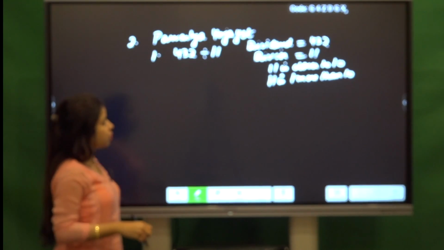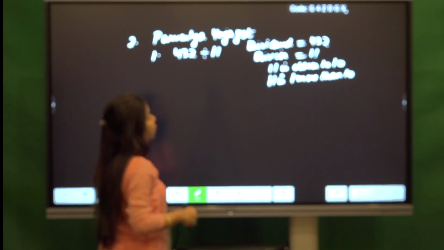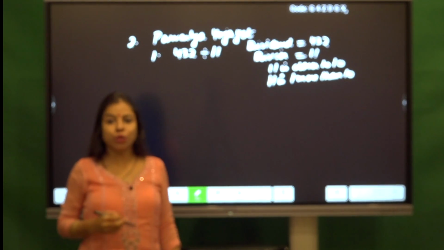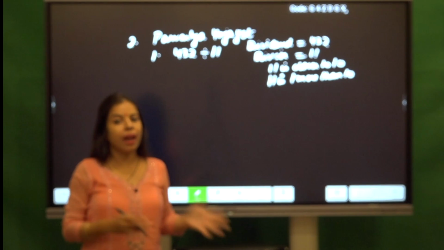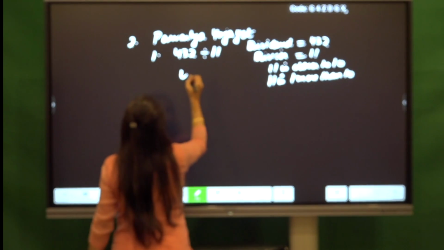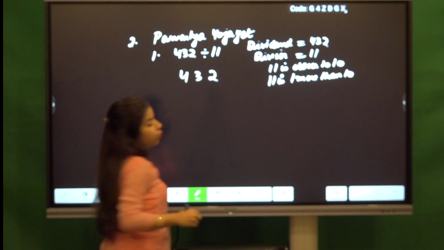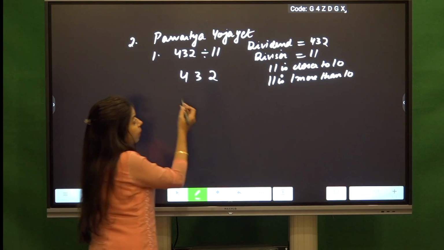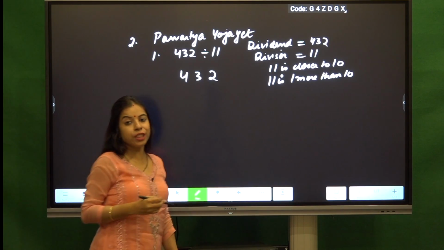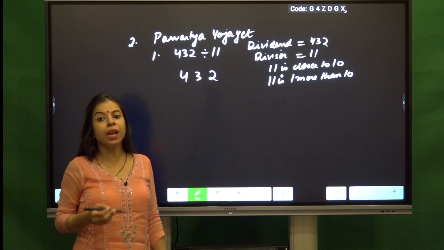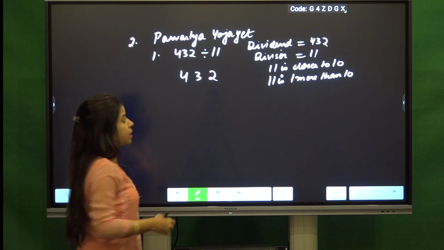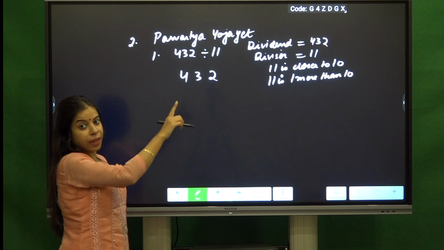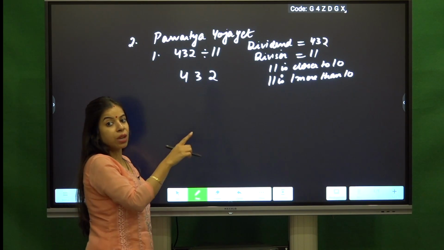Okay. So, how are we going to do this? We are going to split the dividend into two parts, the quotient part and the remainder part, and we are going to put a slash between the numbers. How? Just by looking that the number of digits in the remainder part will be equal to the number of zeros in the base. 10 is the base and the number of zeros is 1.